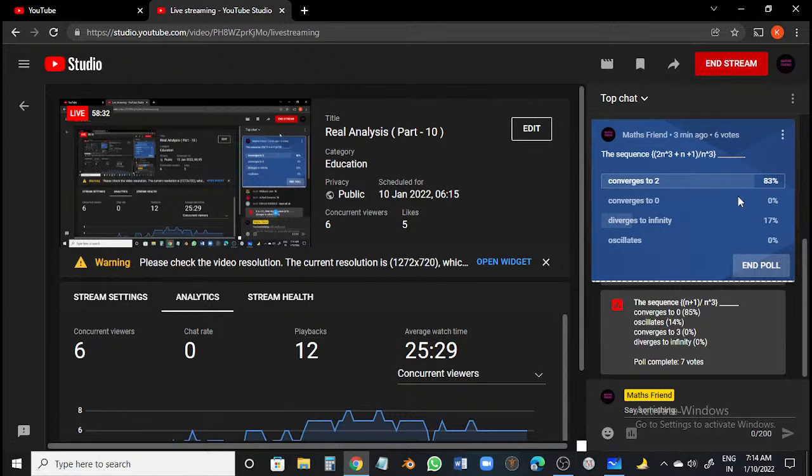Yes, the majority is correct. The sequence converges to 2. Let us see how.